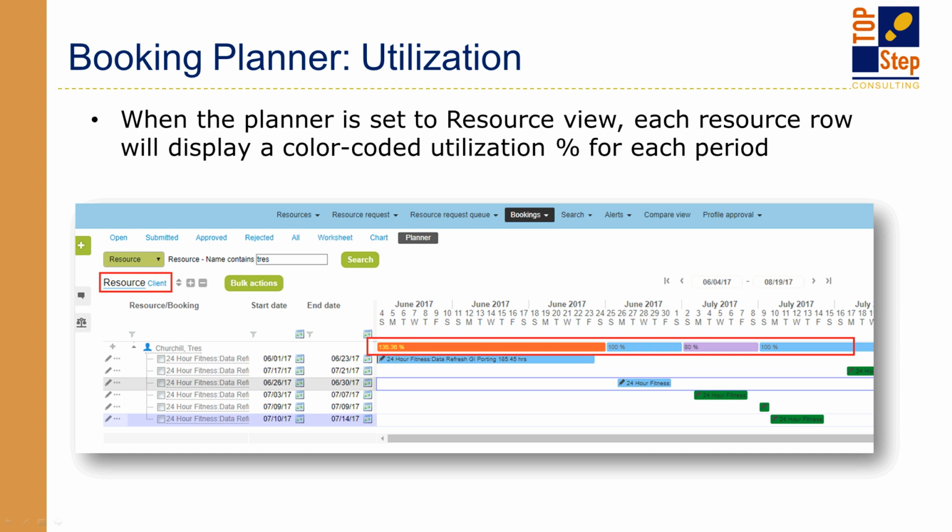So you can very quickly and easily identify which users are over or underutilized for a particular time period. In this case, we can see that June is going to be a very, very busy time for this resource. So we might want to swap out resources, we might want to change some of the hours, or we might want to tell this person to just suck it up.